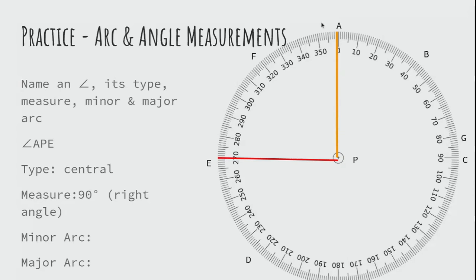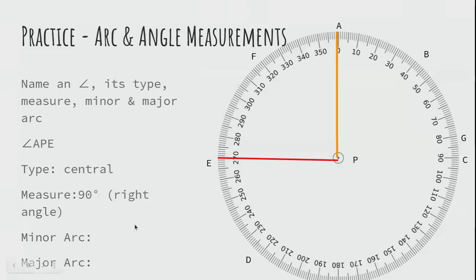Wait, hold on. You said major and minor, right? I want you to name, if this is the angle we're talking about, what two arcs, one minor and one major, are formed by this angle. This is the minor arc, isn't it?